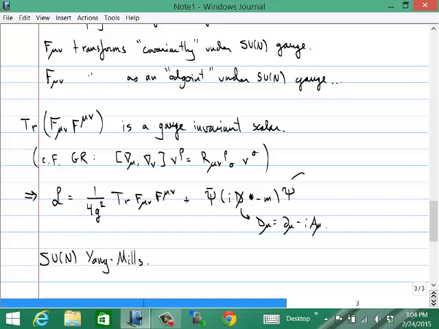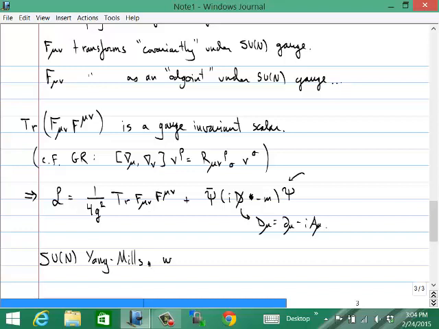And the statement that we have, so this is actually not the most general SU(N) Yang-Mills theory that we could write down. You could actually, as we'll learn later on in this class, couple it to many different types of matter fields.